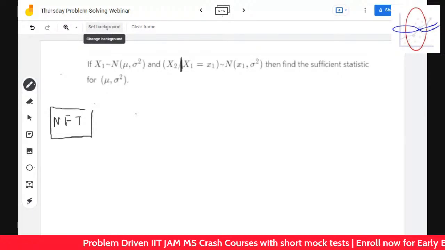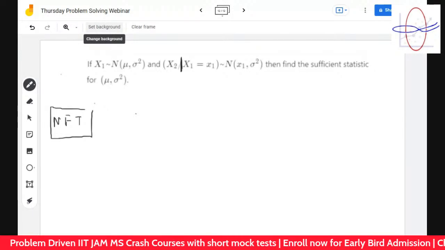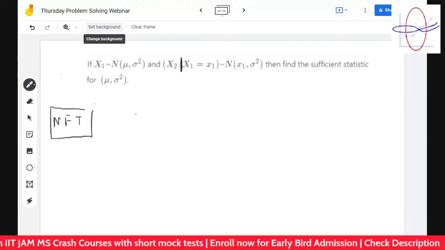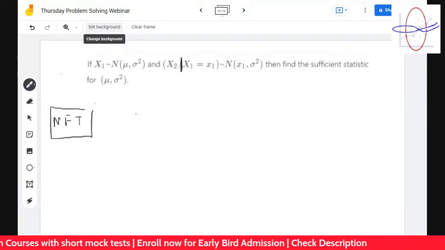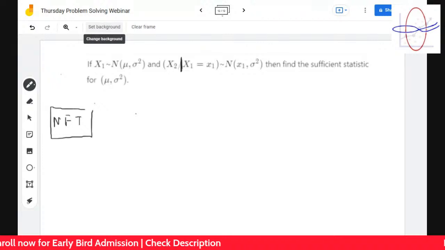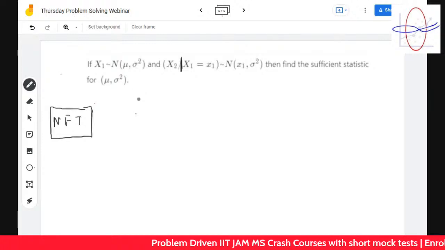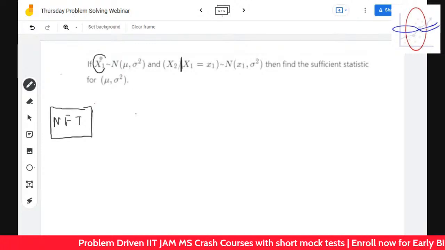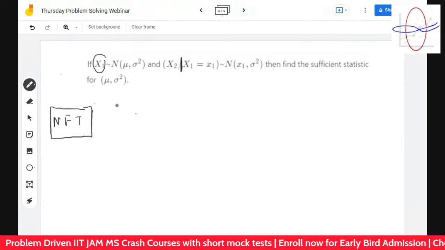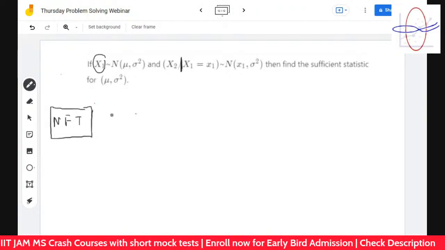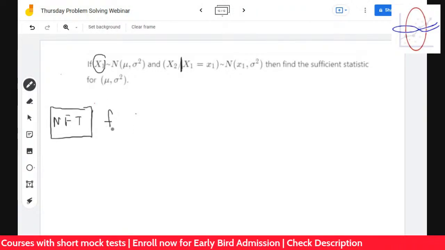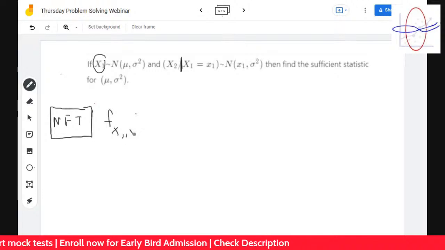X1 follows normal mu comma sigma square, and X2 given X1 follows this. So the first step is what? You have to find the joint distribution, right? Using the data you have to find the joint distribution, because that's the likelihood. So write the joint distribution out here, x1 comma x2.